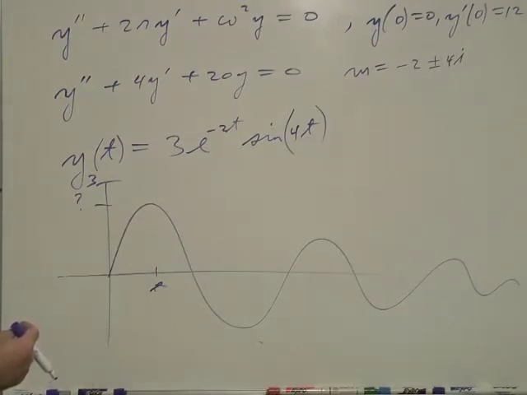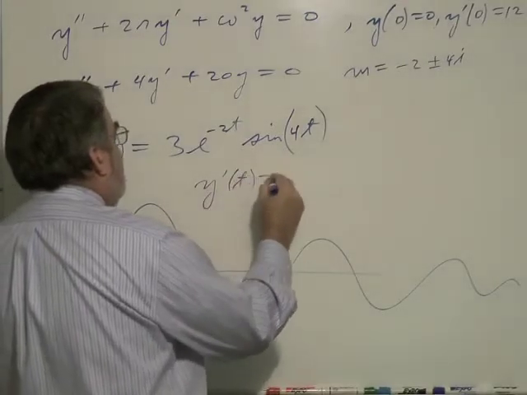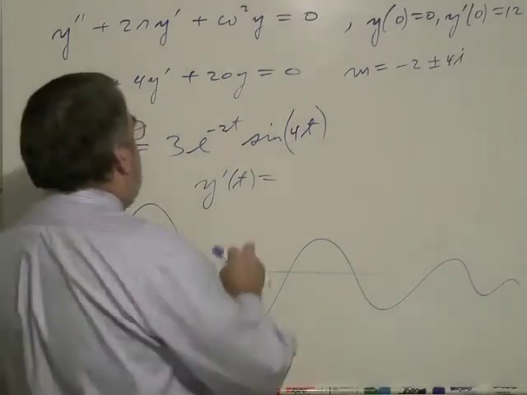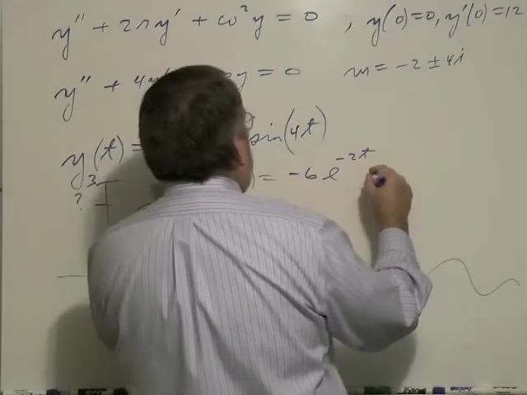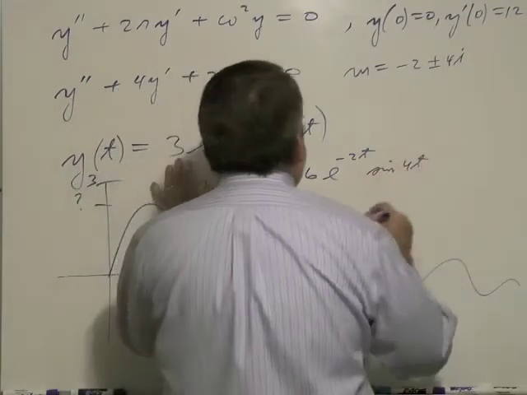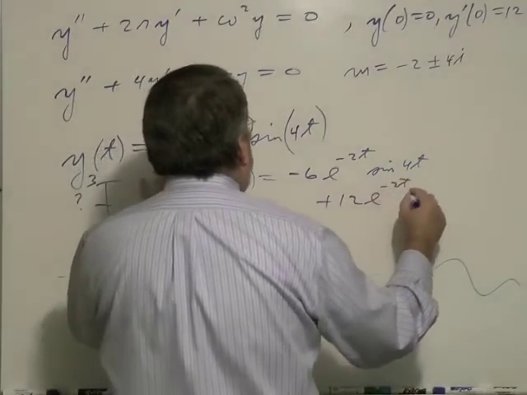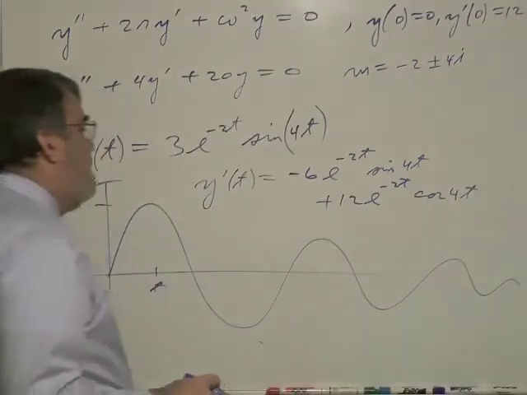Now, if we look at the derivative, we can get that relatively easily. So back to the derivative here, y prime of t is going to be minus 6 e to the negative 2t sine 4t, plus 12 e to the minus 2t cosine 4t.